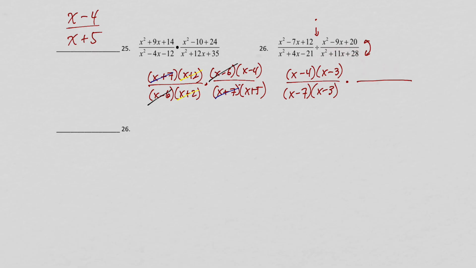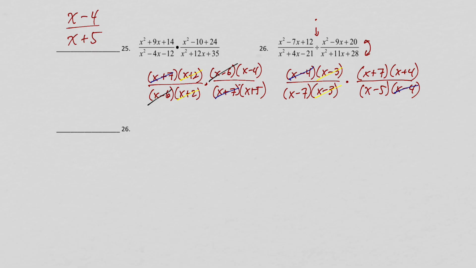So this is x plus 7, x plus 4. And this I'll put on the bottom here is x minus 5, x minus 4. So now I'm going to start canceling. X minus 4 cancels here. X minus 3 cancels here.